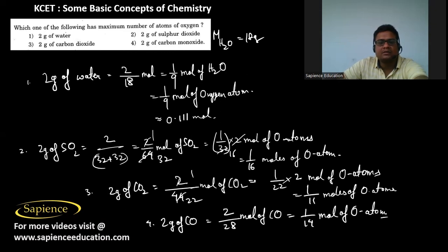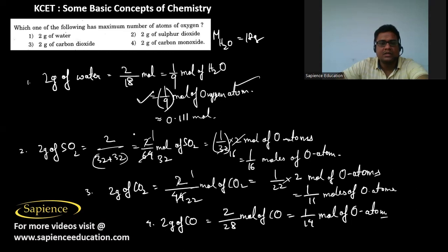So therefore, the maximum number of oxygen atoms is there in the 2 gram of water only, since it contains 1 by 9 mole. Since here the denominator is the least, therefore the value is the highest.